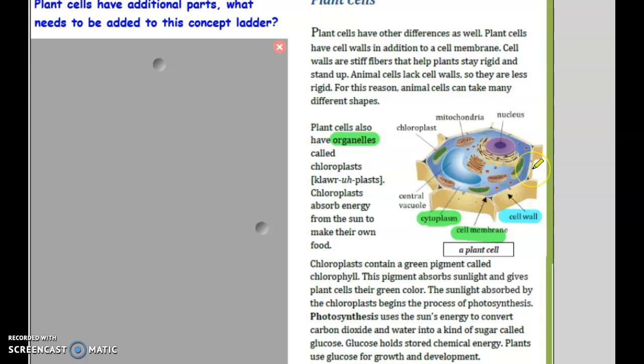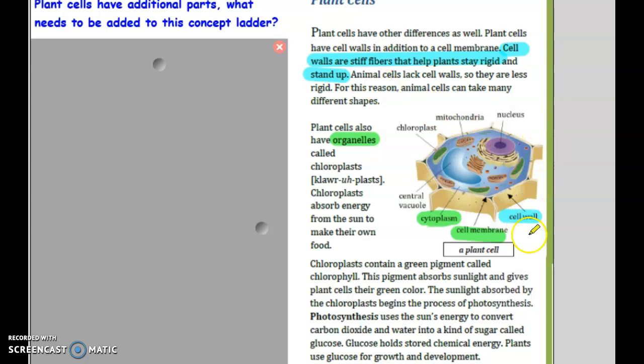And this is a bit kind of more of a rigid piece to it. It says it up here actually. Cell walls are stiff fibers that help plants stay rigid and stand up. That makes sense because that's what the plant needs to be able to help itself survive. It needs to be able to grow up or out, and it needs to be able to move to the sun.